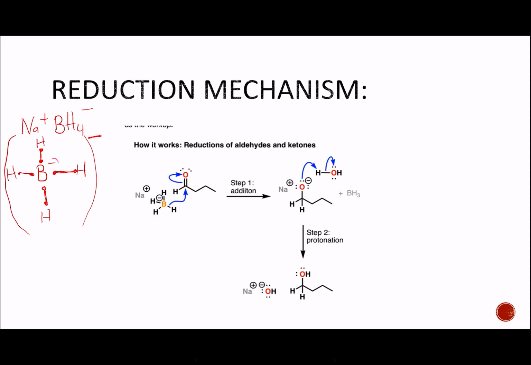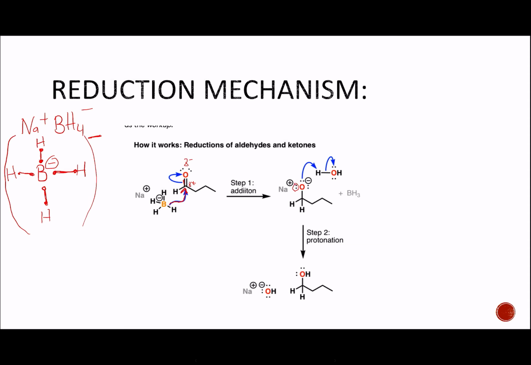And because it is negatively charged, the curly arrow would go to the carbocation, which is positively charged. The second bond from the double bond would become a pair of electrons on the oxygen. So this used to be the double bond.